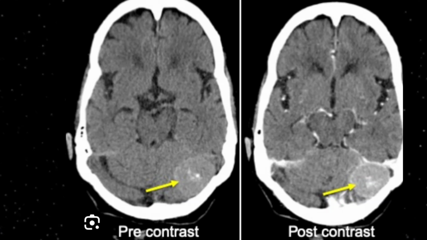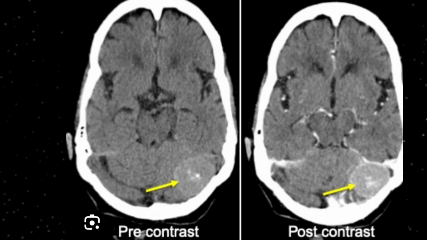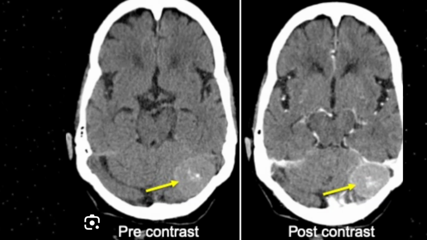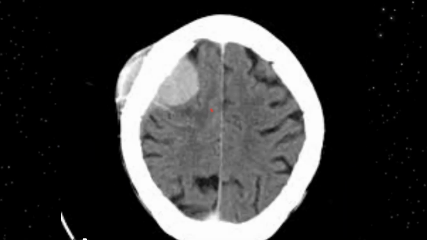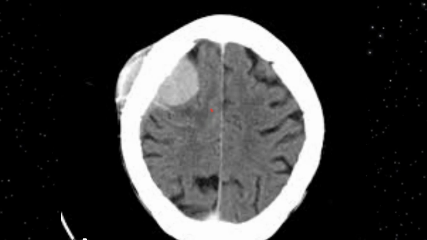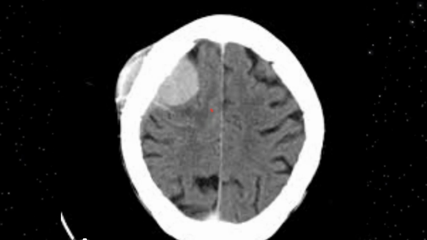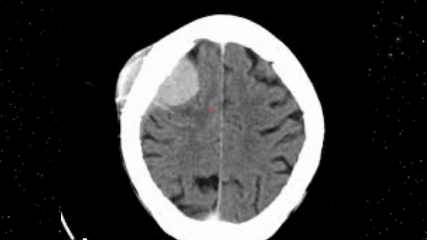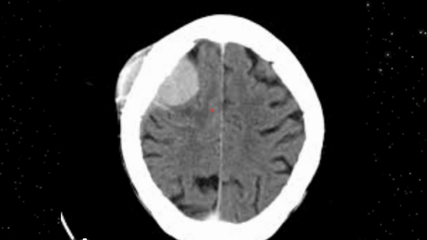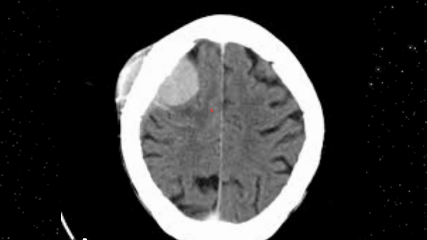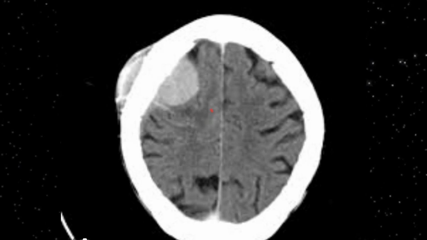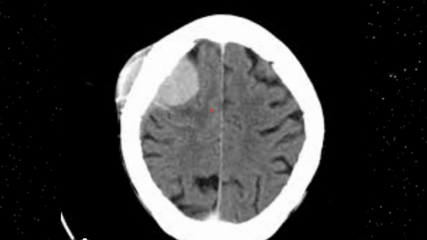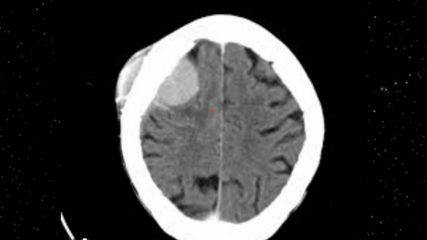So this is what meningioma looks like on CT axial images. Another example is a well-defined round hyperdense mass in the extra axial region involving the frontal lobe, and that is how meningioma appears on CT images.